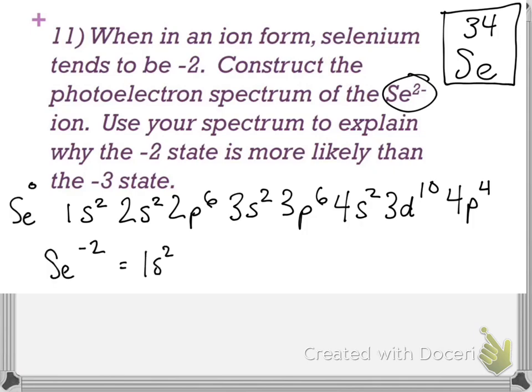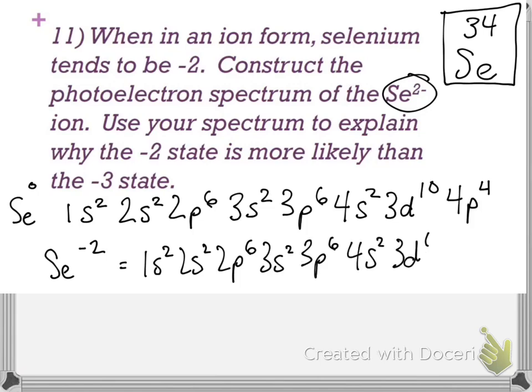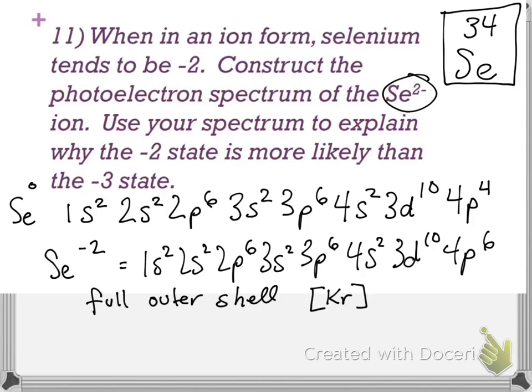And now the question is, why is it -2? So when we put 2 additional electrons in selenium to give it a -2 charge, we see that it closes the outer shell. So the full outer shell is why selenium takes on a -2. If it was -3, it would have to open up a new shell, which would be very high in potential energy, and that is why the -3 state is much less likely.